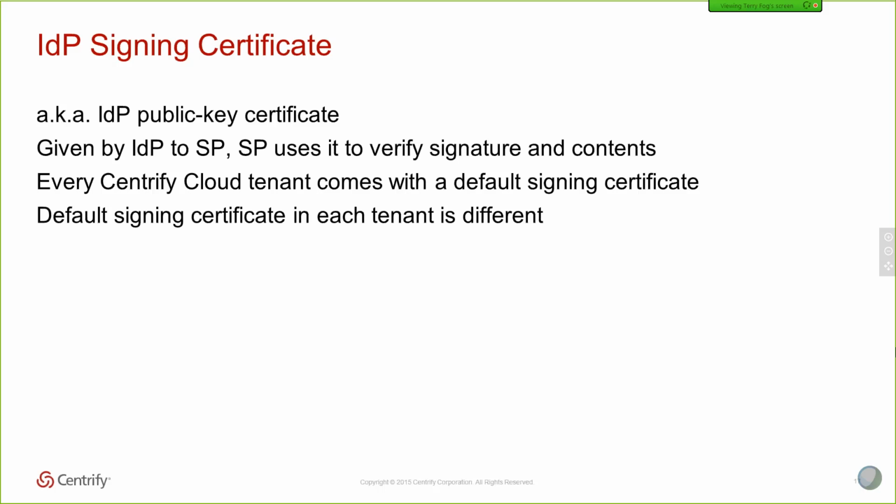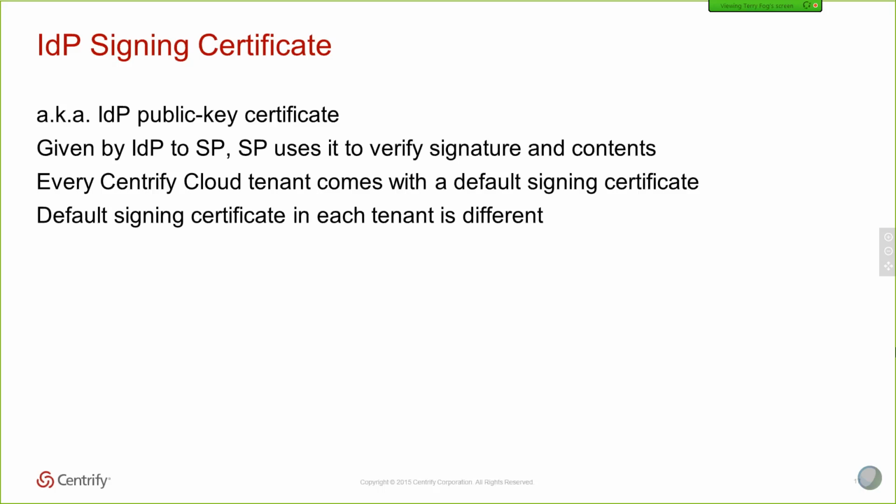If they don't care about that, they can just use the default cert, and that is the IDP signing certificate. If they want to use their own, they can set it. If you scroll to the bottom under Additional Options, they can upload their own cert, and then they will have to enter the private key, and that will become the signing certificate of that one SAML application.